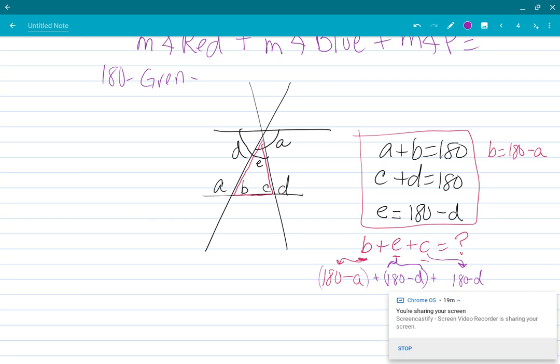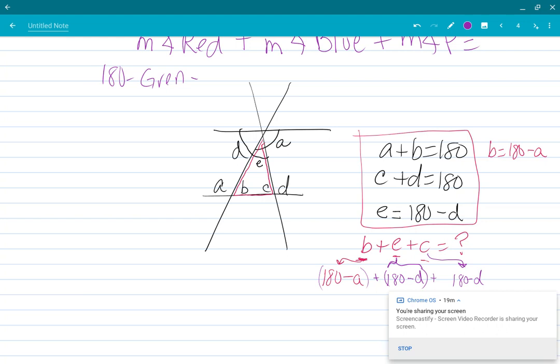So how many 180s are there? 3. And then minus A, minus D, minus... E and C are the same. Wouldn't E and C be the same? Yeah, I think I made a mistake. They're the same.